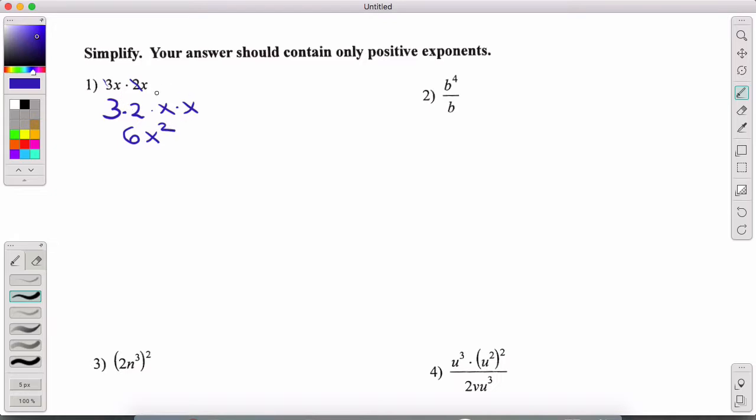We can just add the terms when we're dealing with variables and exponents, but remember that doesn't apply for the numbers. Those are multiplied normally. For a second problem, we're dividing. If I show you this with expansion, in my numerator I have 4 b's.